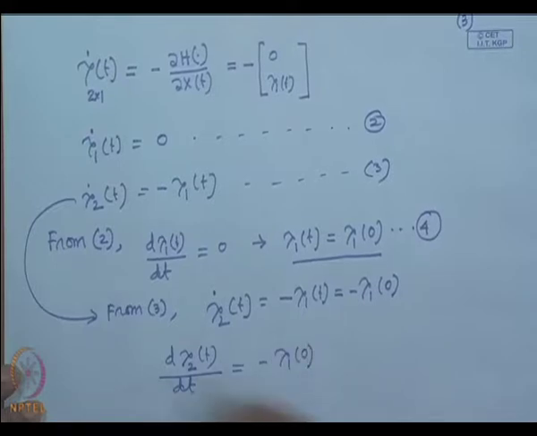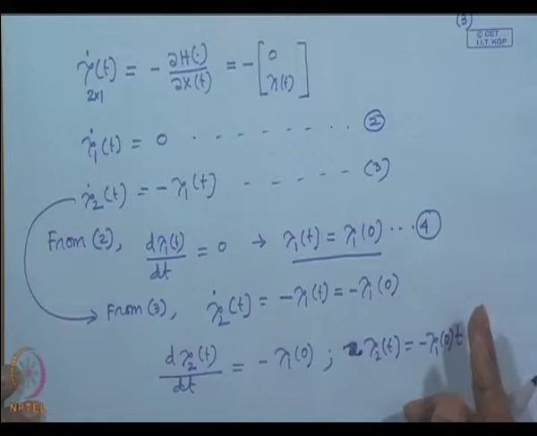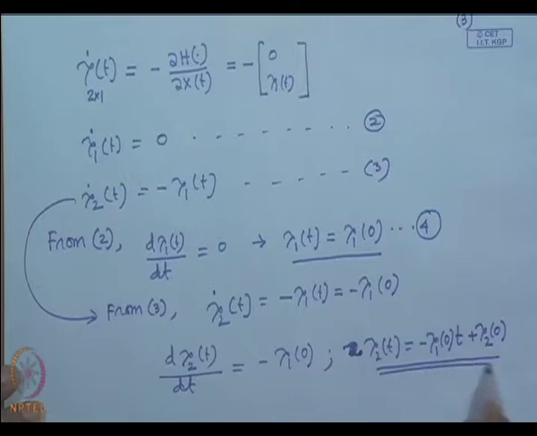Take dt and integrate from 0 to t. So, lambda 2 of t is equal to minus lambda 1 of 0 into t, and at the lower limit t is 0, so that term will not be there; another term is lambda 2 of 0. This is our solution for lambda 2. Let us call this equation number 5.